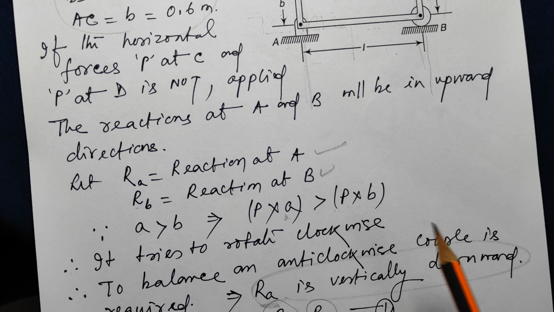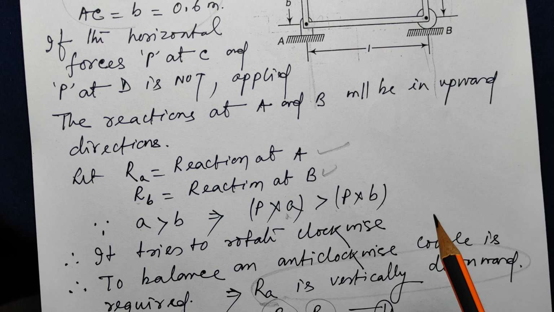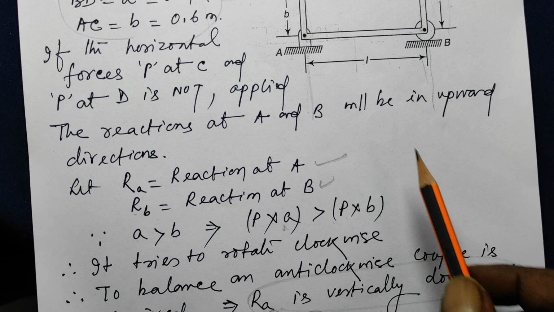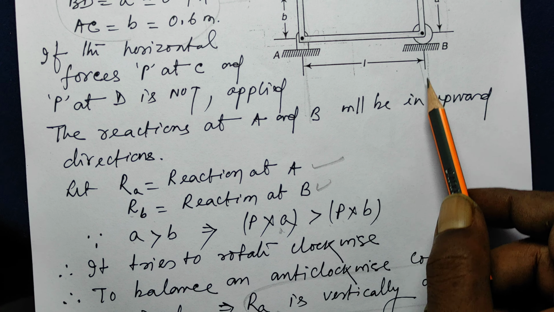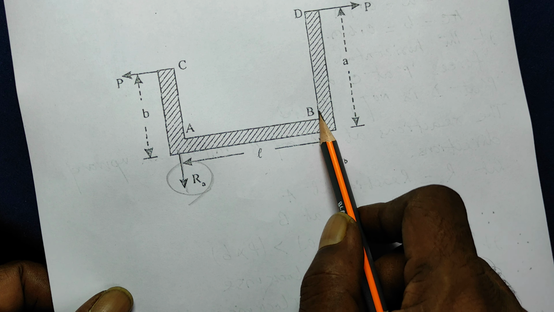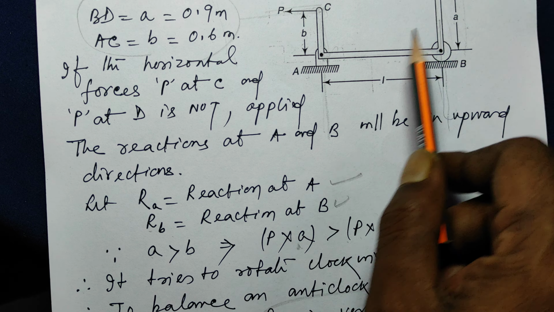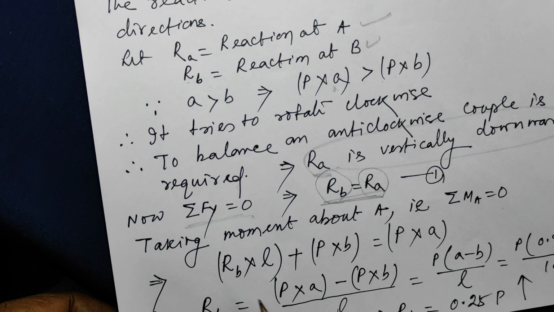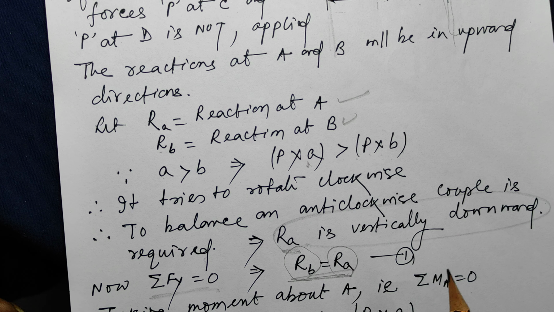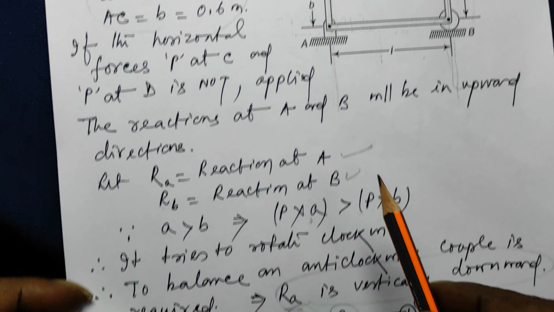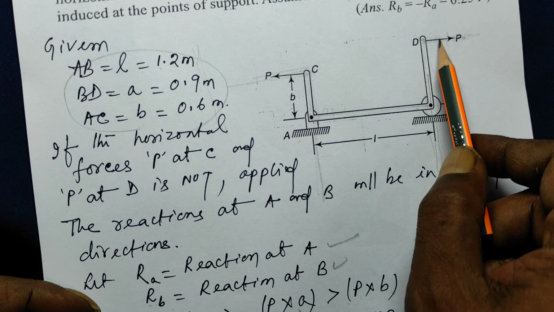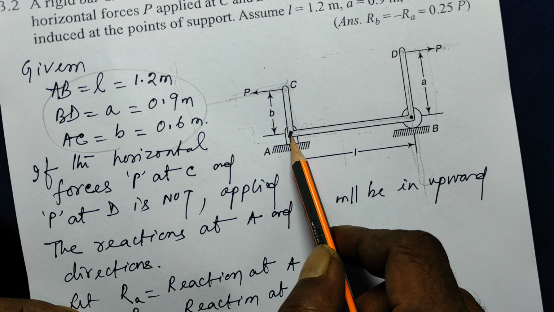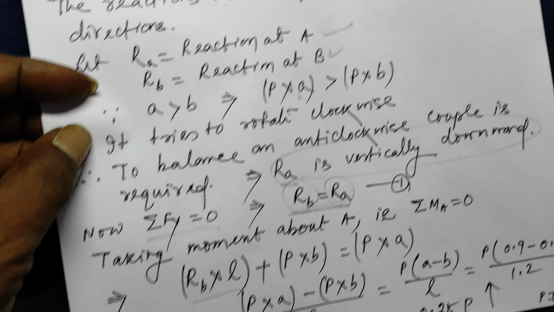Now, RB times the length L. At this point, the reaction force is acting vertically upward. So RB times this length is an anti-clockwise turning effect, and P times B, this P, not this P, this P times B is also an anti-clockwise turning effect.